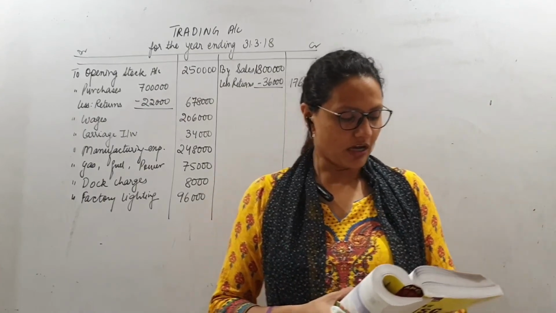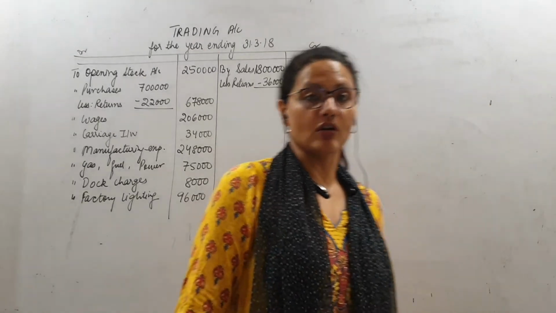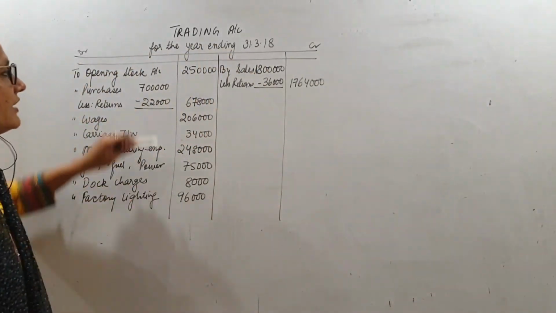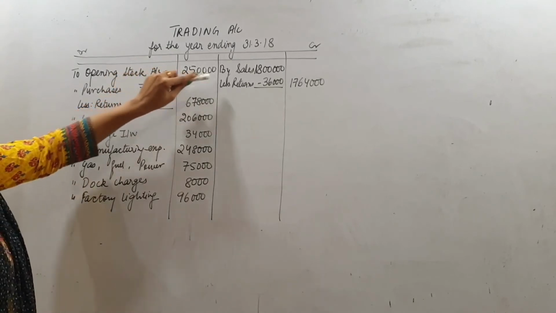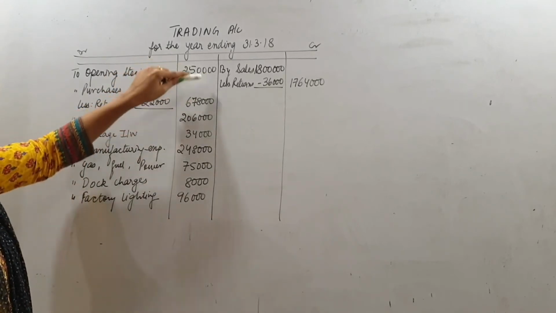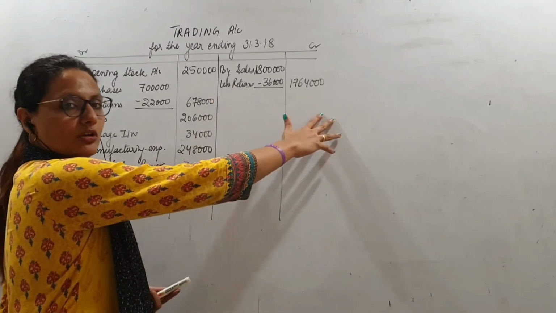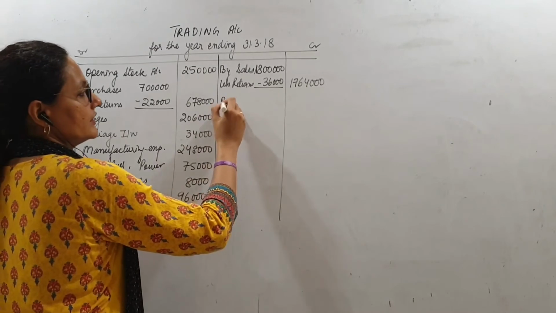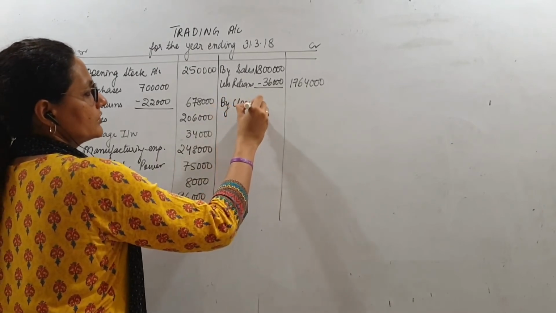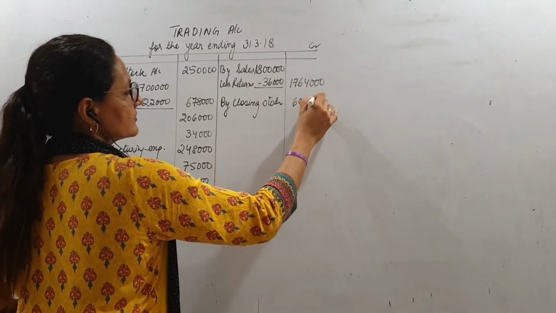Alright? Now, after we have put this, closing stock is given as 6 lakhs. Closing stock is what is left from this year's purchase or manufacture, right? So 2,50,000 and this is the total value of goods I had. Out of this I am still unable to sell 6 lakhs. Therefore, here I put closing stock 6 lakhs.